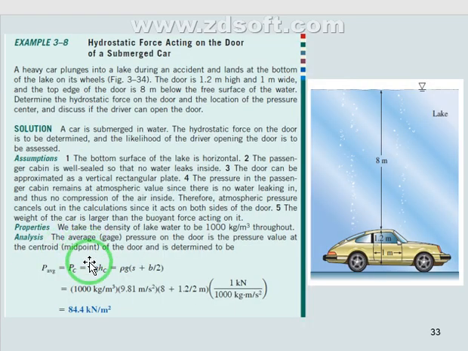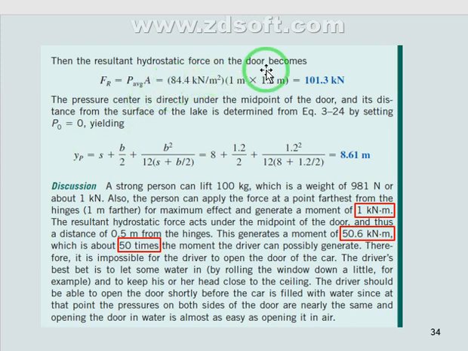So this is the pressure produced by the water here. When I multiply by the door area, we have 100 kilonewton. This is too much. A normal human being can't apply that force.